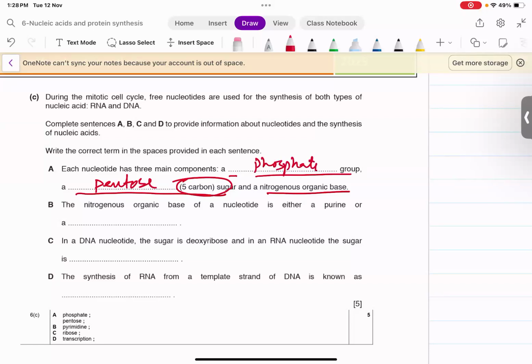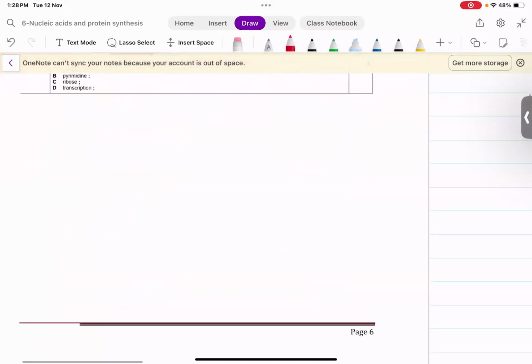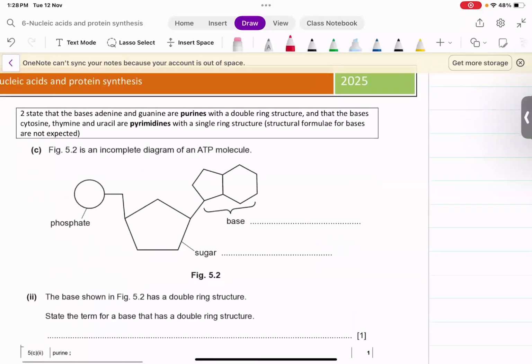The nitrogenous organic base of a nucleotide is either a purine or a pyrimidine. In a DNA nucleotide, the sugar is deoxyribose, and in an RNA nucleotide, the sugar is ribose. And the synthesis of RNA from a template strand of DNA is known as, we'll discuss this in the next lesson, transcription. Synthesis of an mRNA.